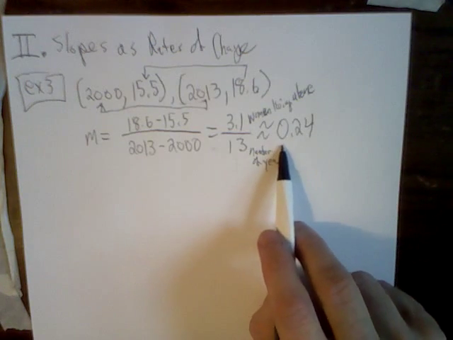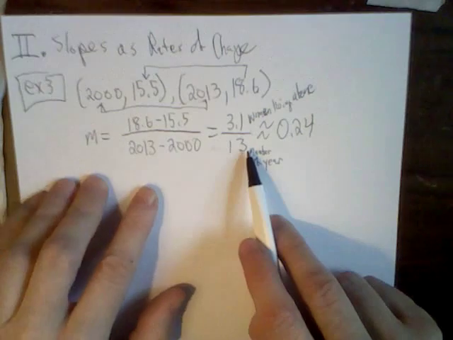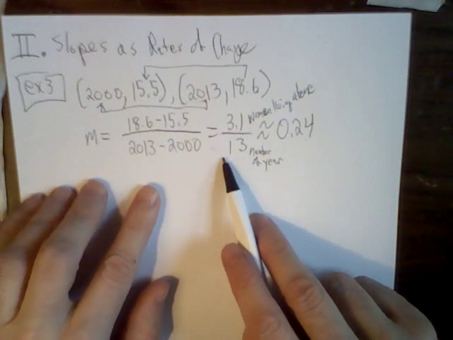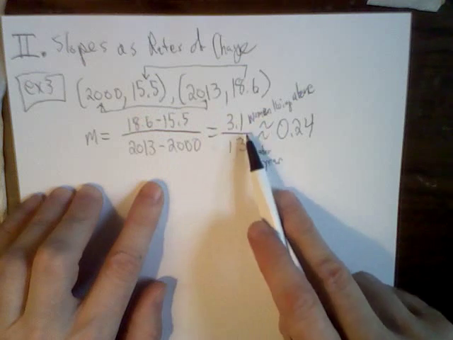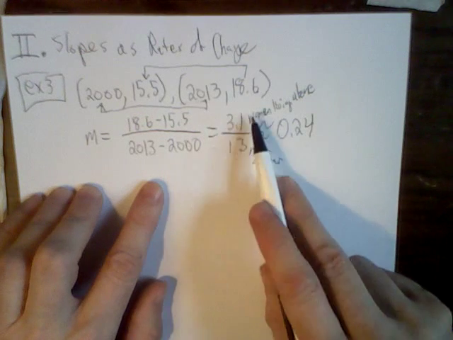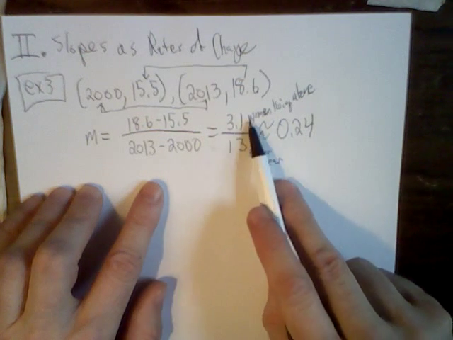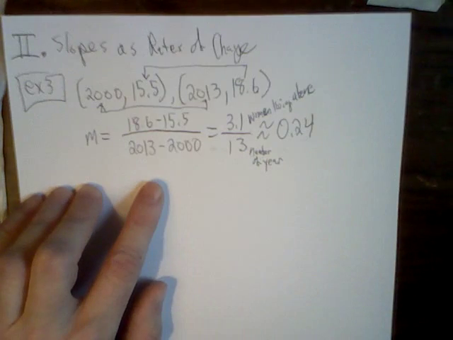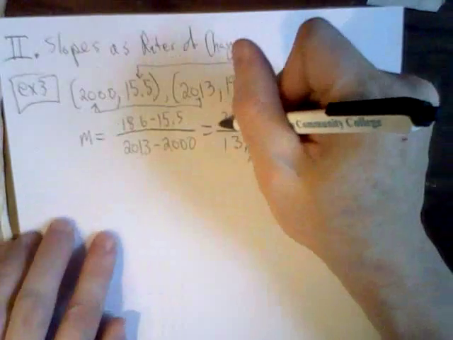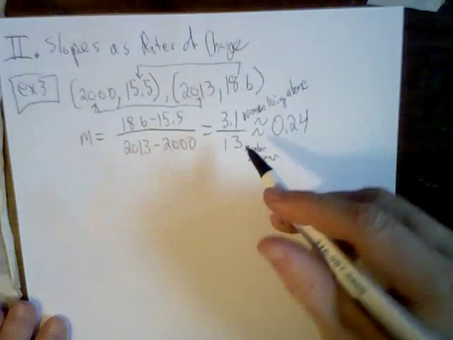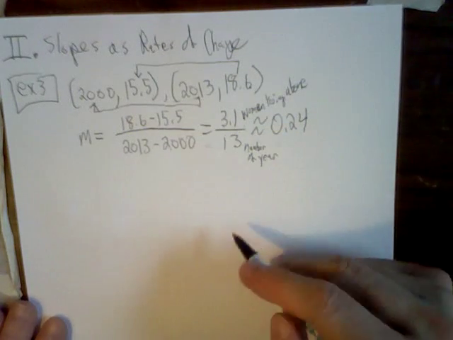So the trick, at least in my opinion, to interpreting these slopes as rates of change is to embed the units with the numerator and the denominator, and then think, okay, if this is positive, it's an increase. If it's negative, you're going to say decrease.